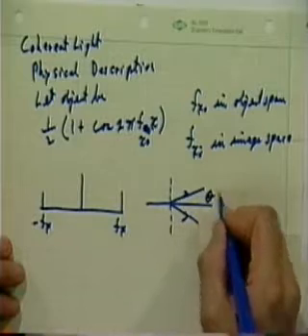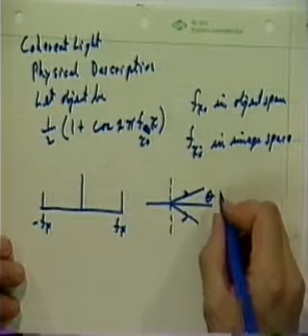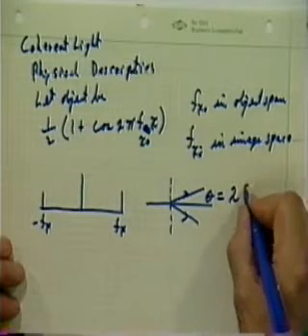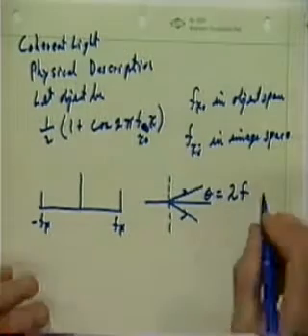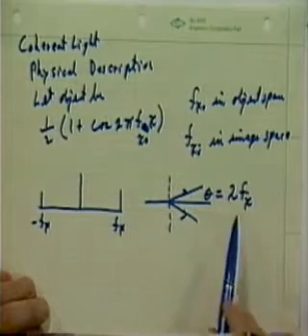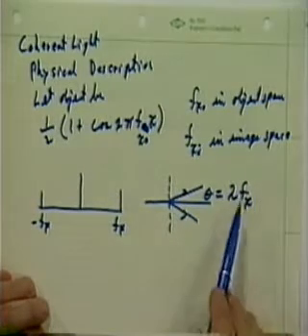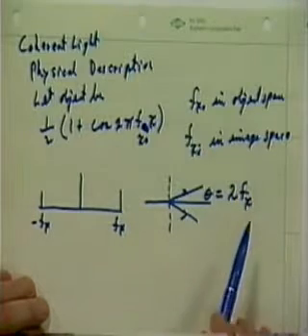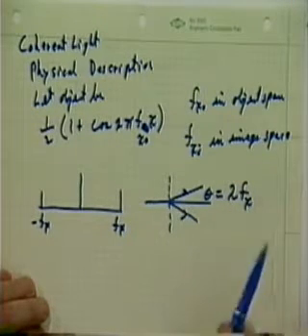And if this angle is theta here, for small angles, this would be just lambda f sub x. And so in object space, that would be lambda f x naught. Image space, that's lambda f xi. Okay?